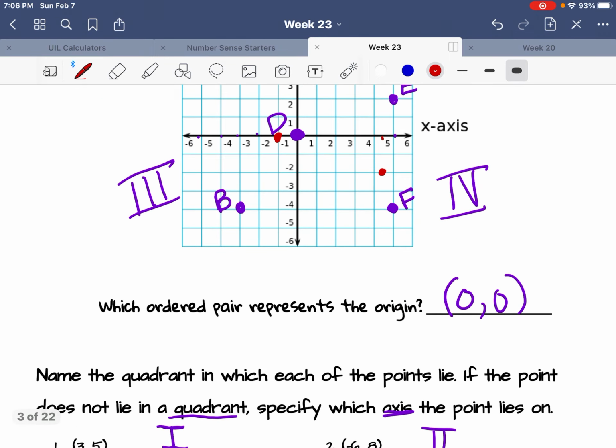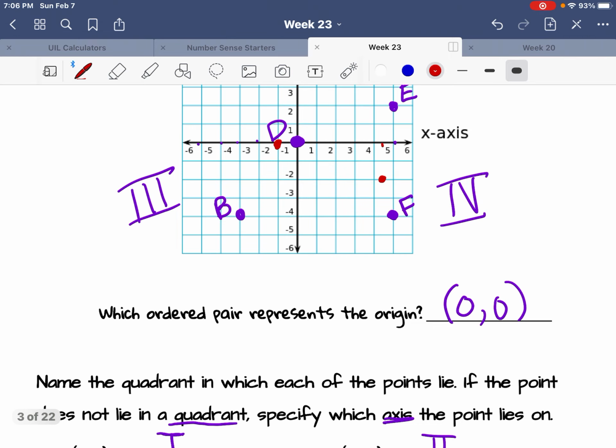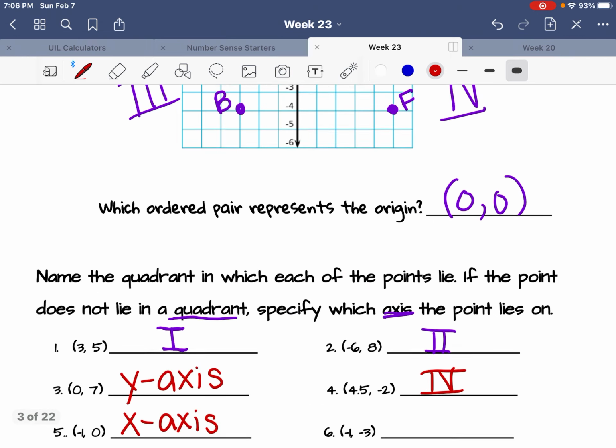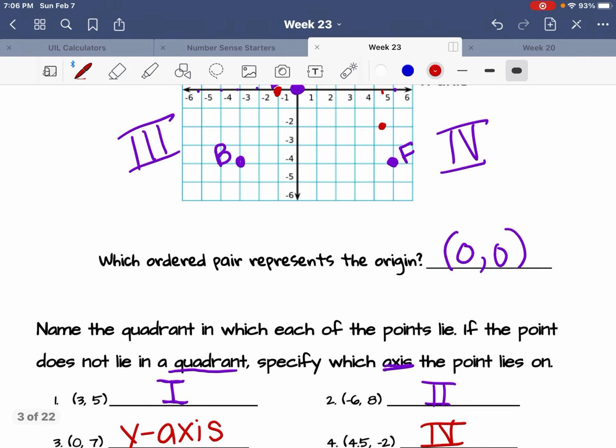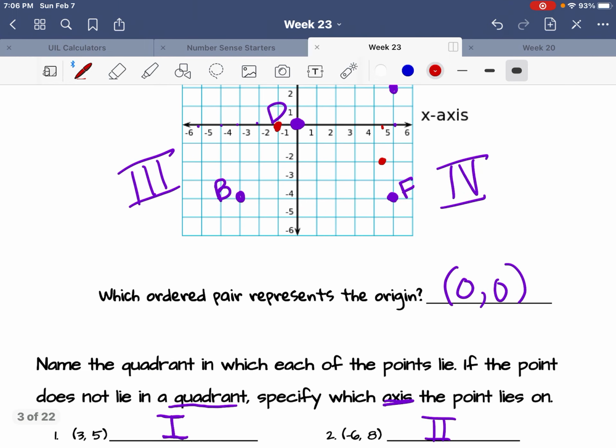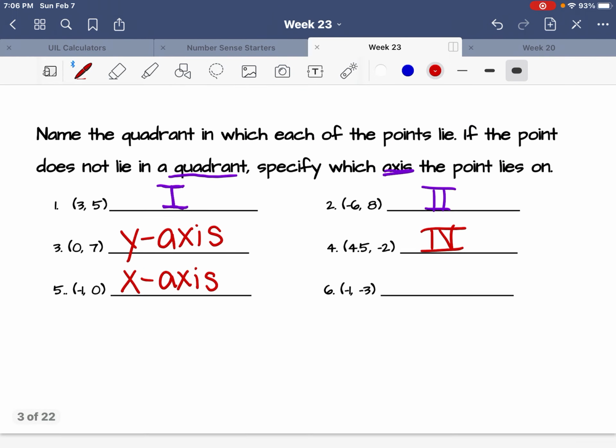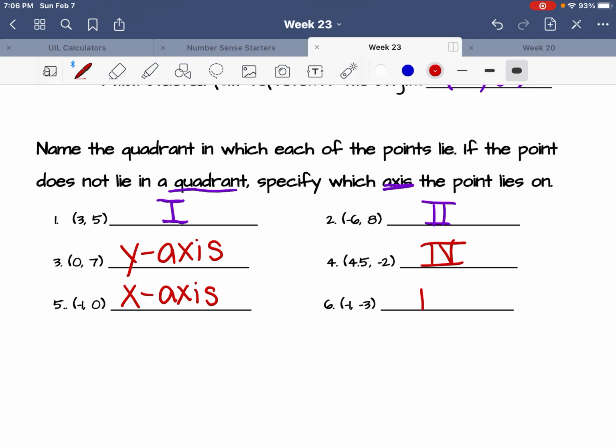And then the point (-1, -3) would actually be here. (-1, -3) would be in quadrant III. If both the x and the y are negative, it's always going to be in quadrant III.